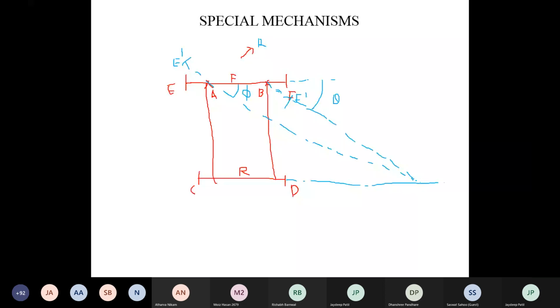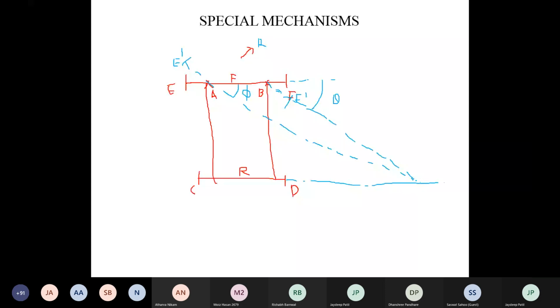What is the condition of the correct steering gear mechanism? While the vehicle is taking a turn towards left or right, the ICR of both the front turning wheels lies on the axis of the rear wheel. Okay, is it understood? Yes. Now you will get pure rolling motion and it prevents skidding of the vehicle. But you have to find out the condition of that correct steering gear mechanism.